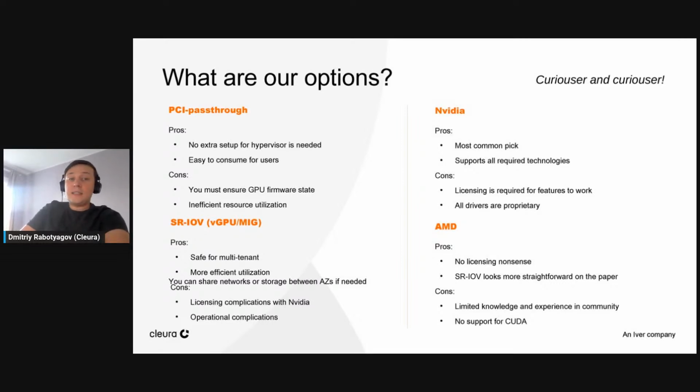AcceleraV, on the other side, can help with both of these issues. You don't need to worry about firmware state, as GPUs that pass through domains are now virtualized. You can use AcceleraV to make one big virtual GPU just for security reasons or to ease your operational life. It also enables you to split a GPU into multiple smaller ones. Depending on the GPU model, license, or how crazy you are, you can get up to 32 virtual GPUs from a single physical one.